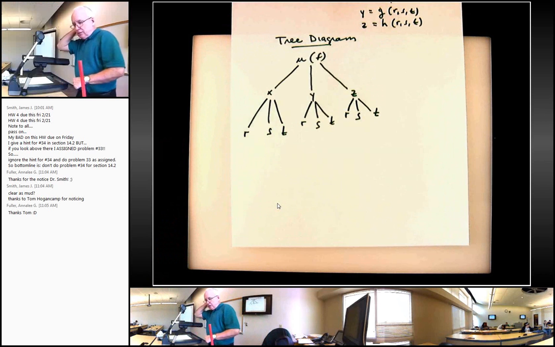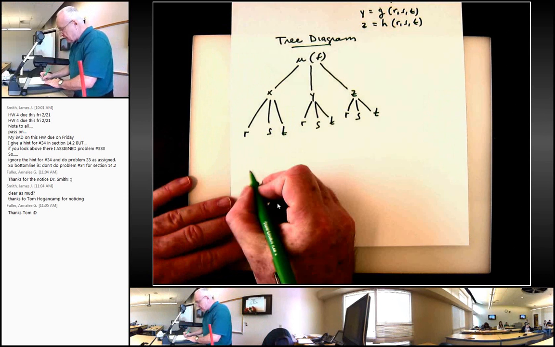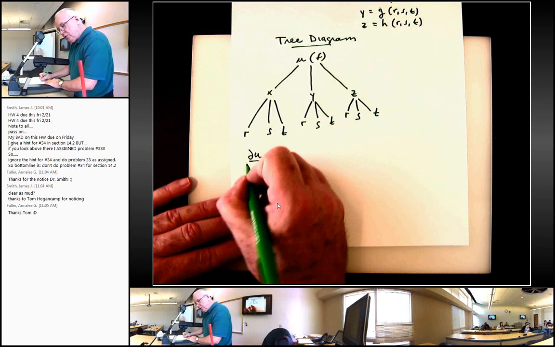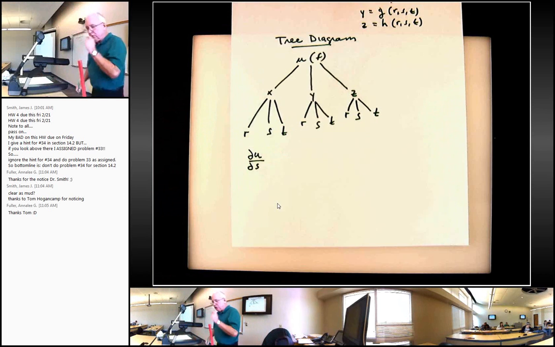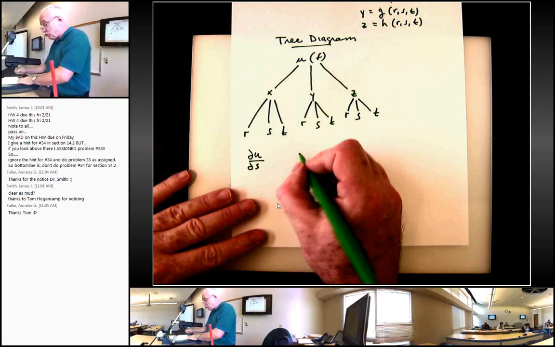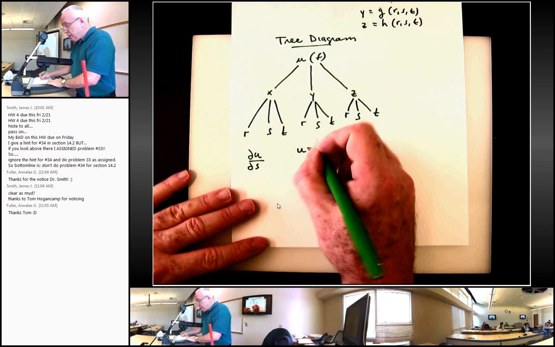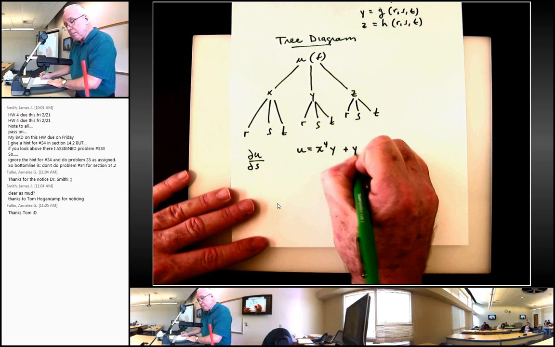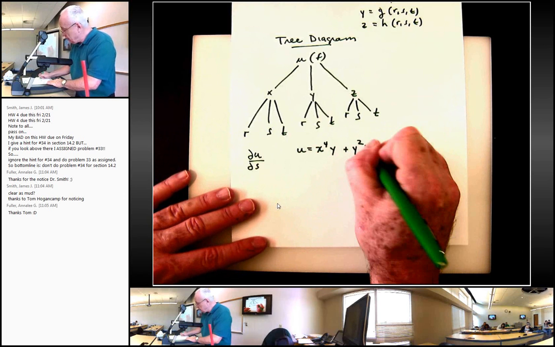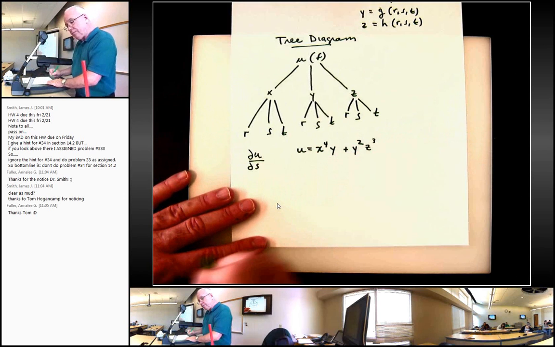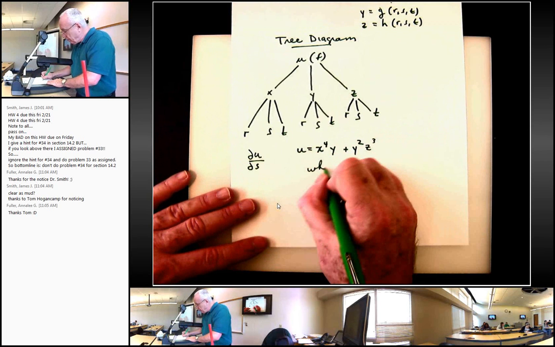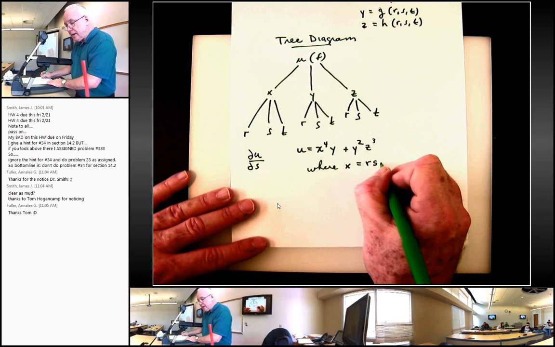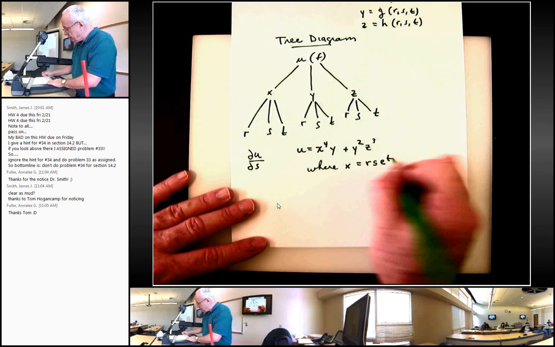Let's figure out delta U, first of all, I need to give you a function, but we're going to do delta U, delta S. So let's give you something to work with here. Let's say that U is equal to X to the 4th times Y plus Y squared Z to the 3rd power, where X is equal to R times S times e to the t.